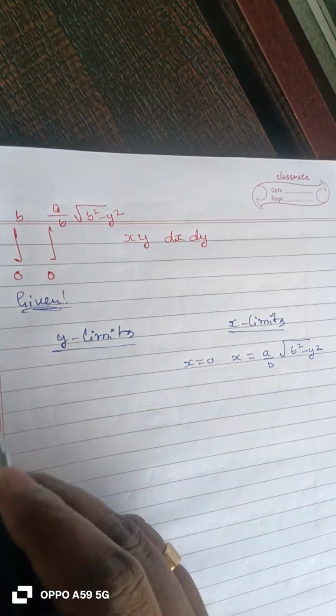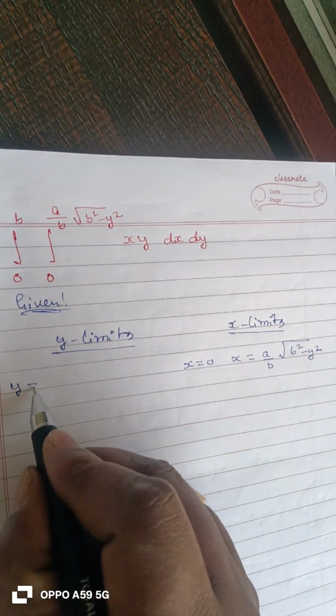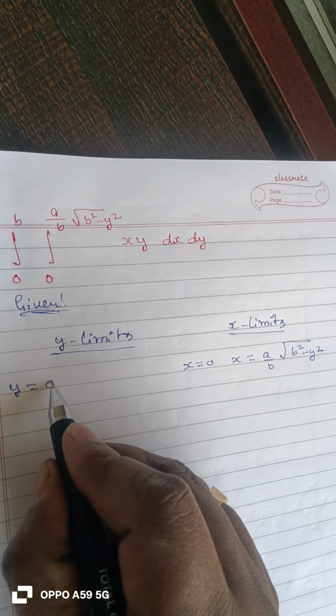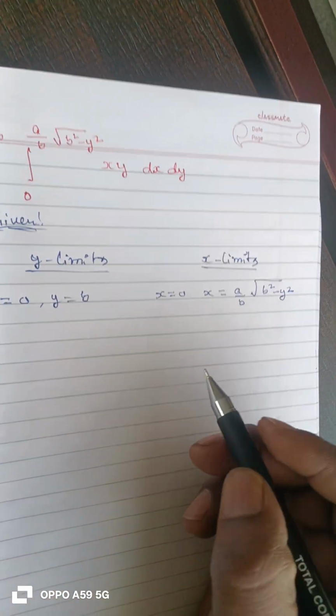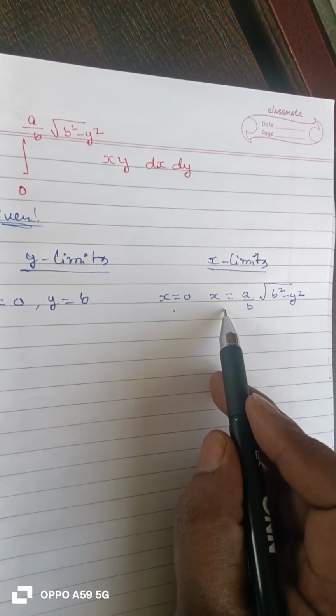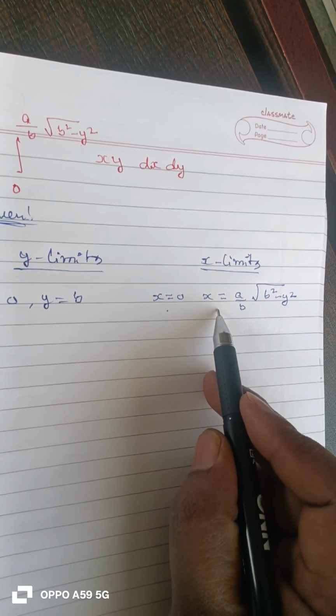The y limit is y is equal to 0, y is equal to b. Now you can observe these are the variable limits given under x.